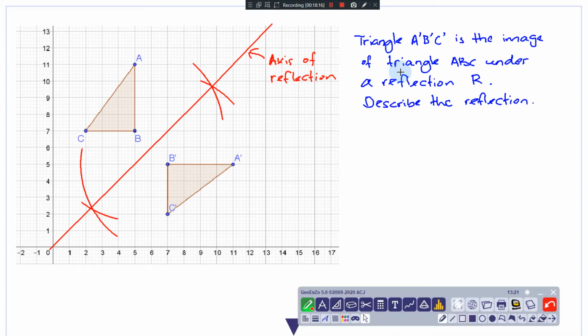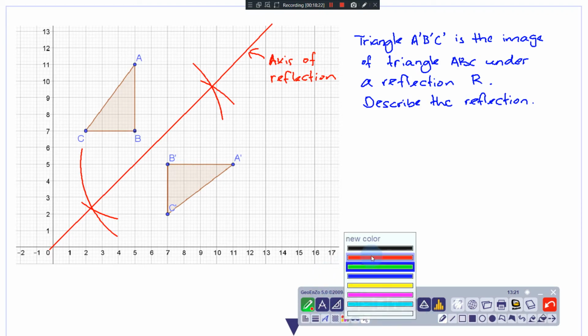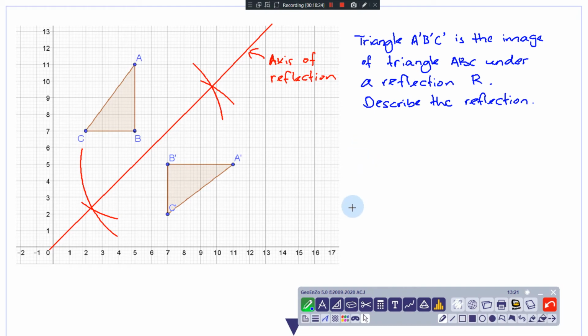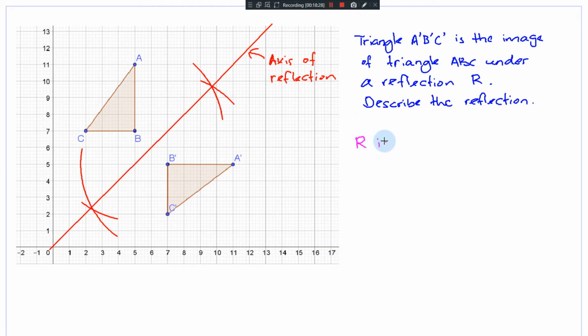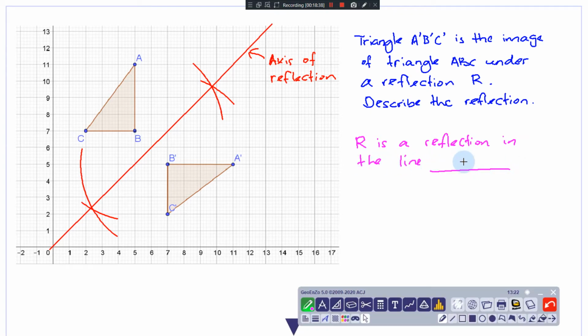But now, when you come to describing this diffraction, some students might face some problems. So for example, now let's say I want to describe these diffractions. R is a diffraction in the line. Okay, so how do we tell people about this line?